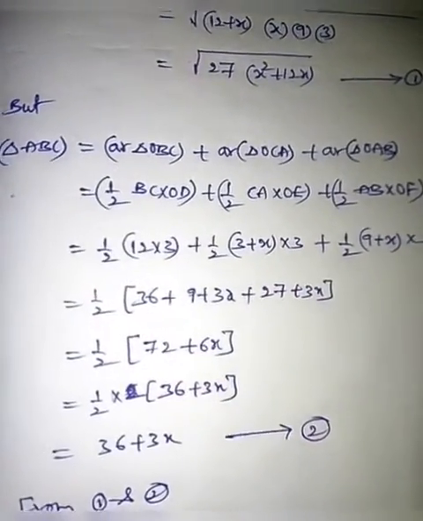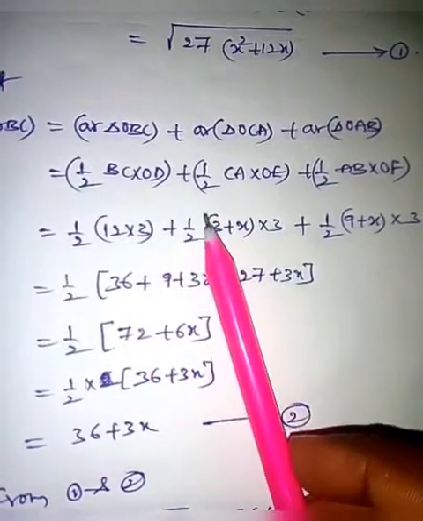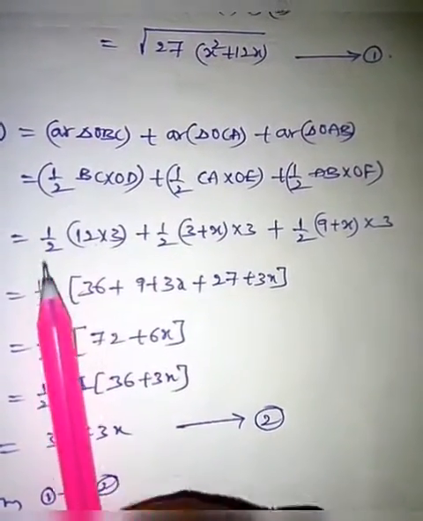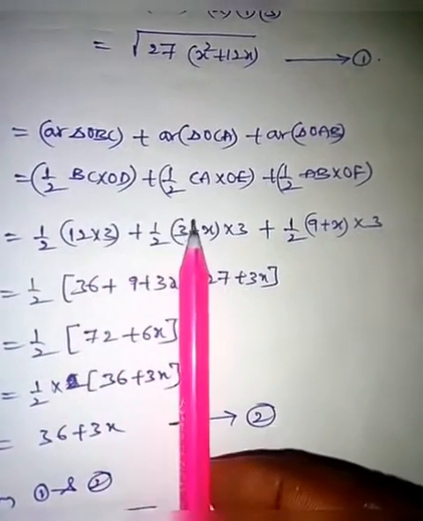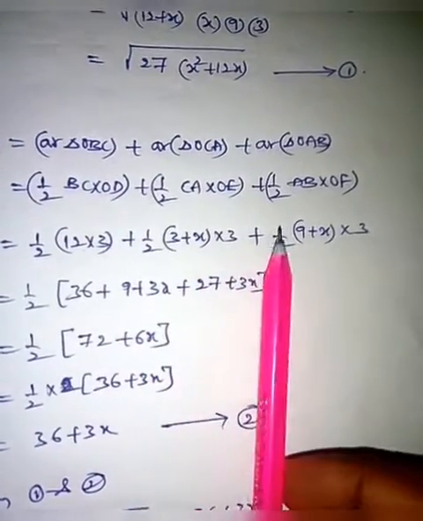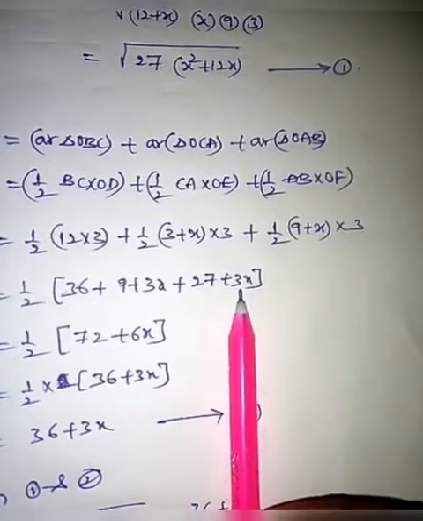Okay. If you simplify this, half into 12 3s are 36 plus... I took the half common, that's why half into 12 into 3 is 36, 3 into 9 is 27, 3 into x is 3x, and 3 into x is 3x. Okay.